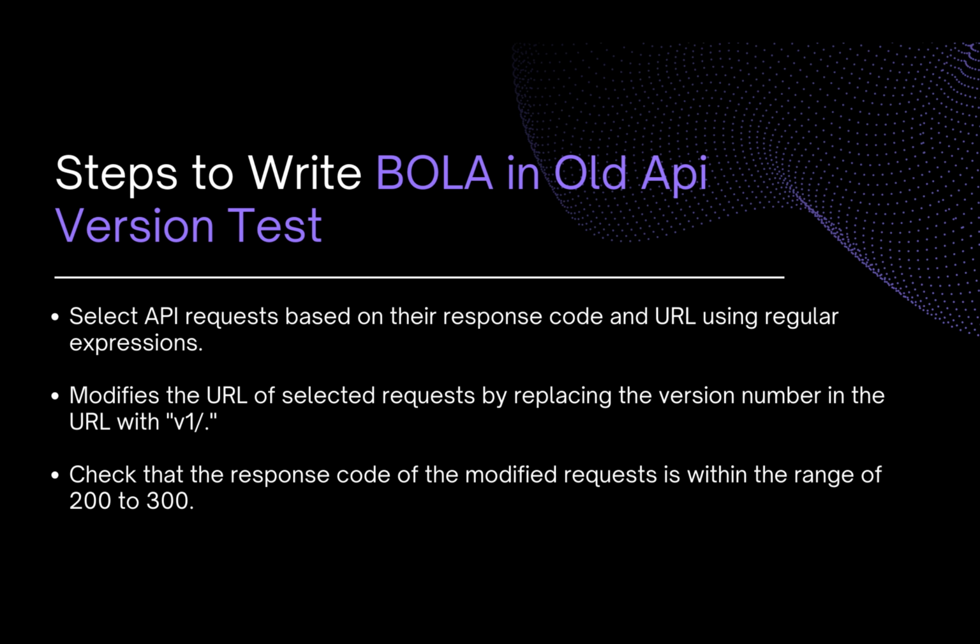So for example, if the API request has version 2 or version 3 present in the URL, it will be replaced with version 1. And then the third step is to check the response code of the modified request within the range of 200 to 300.